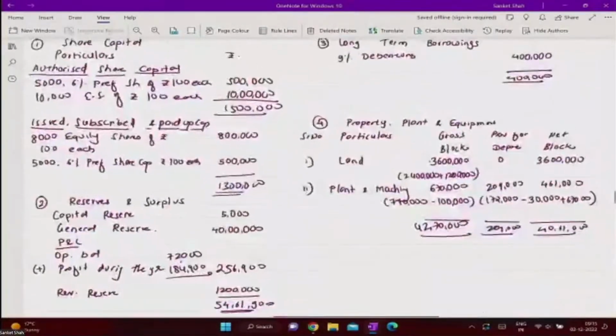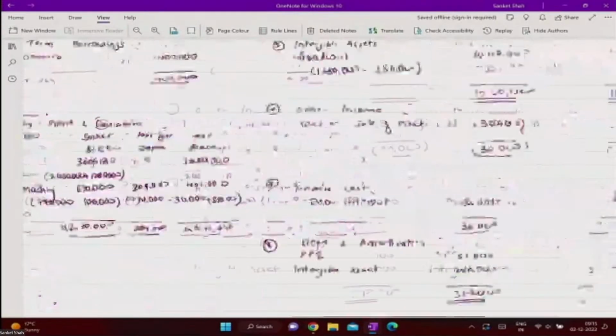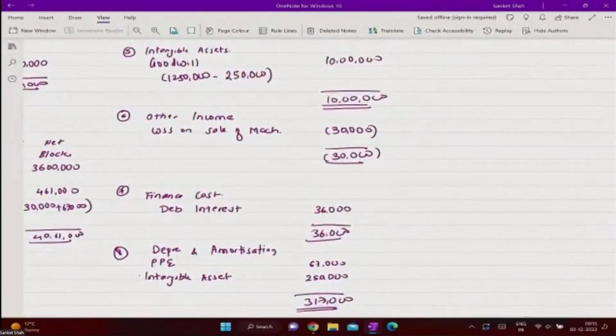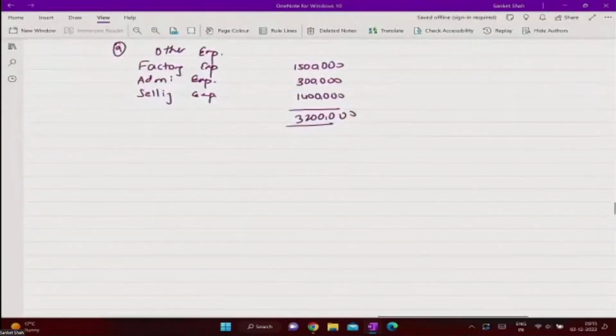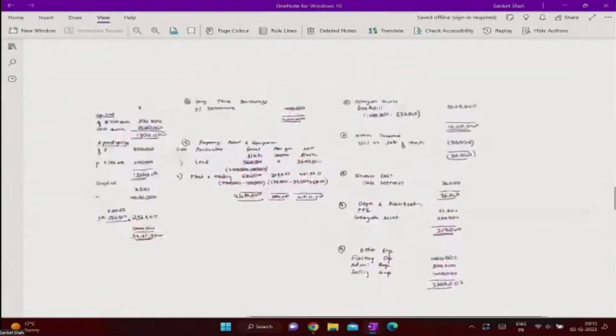Share capital, reserves and surplus, long-term borrowings, property, plant and equipment. And last one, intangible assets, other income, finance cost, depreciation, yes, and other expenses. Over.